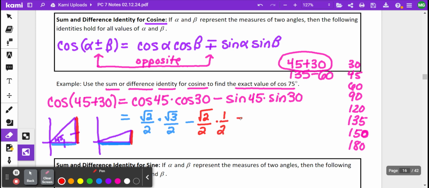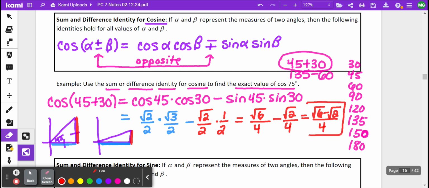And now we just put it all together. Root 3 times root 2 is root 6 over 2 times 2 is 4, minus root 2 over 4. And they have the same denominator, so we express them as a single fraction: root 6 minus root 2 over 4.